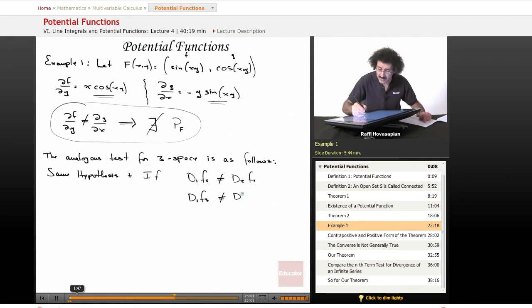Again, this is where you have to be careful. Just take a couple of extra seconds to do this nice and slow. d2 f3 does not equal d3 f2. Okay.